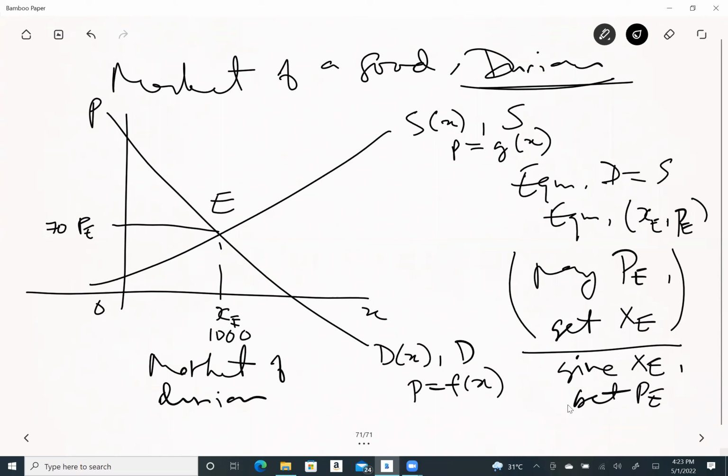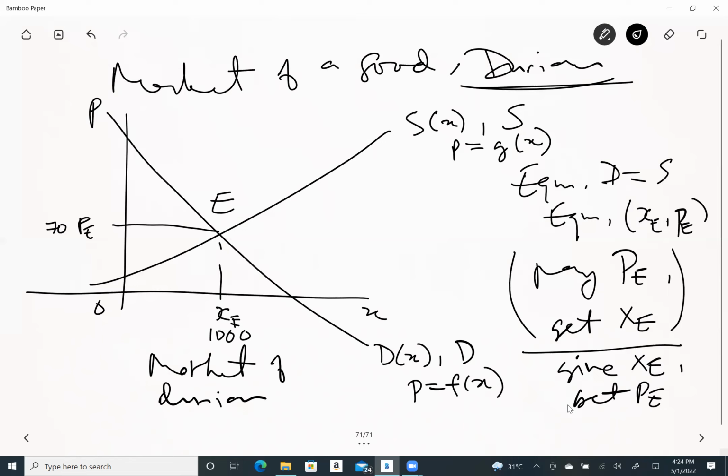Okay, now how much do the consumers spend, or the expenditure on durian? The price is 70.